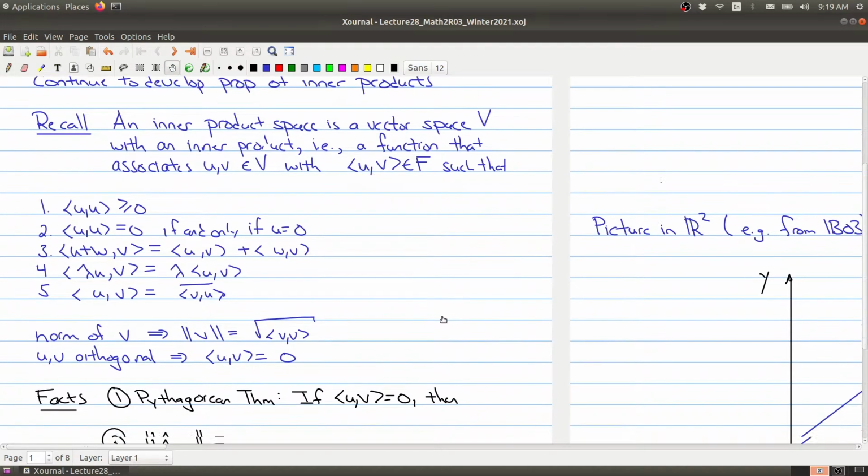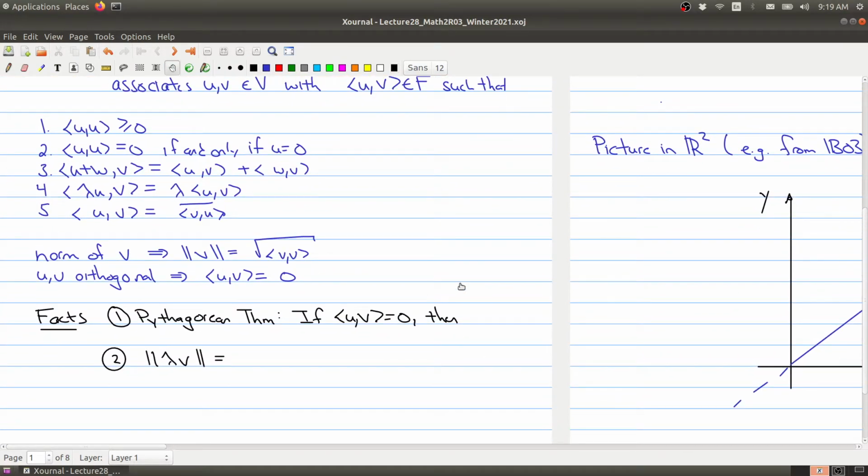We actually proved that in an inner product space, we have what would be called a Pythagorean theorem, which says that if your two vectors u and v are orthogonal, then they satisfy the relationship that the norm of u plus v squared is equal to the norm of u squared plus the norm of v squared.